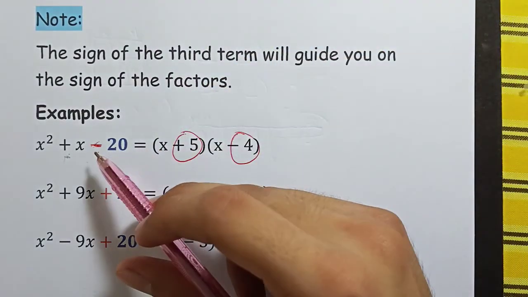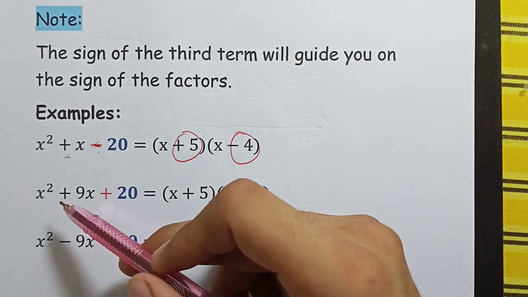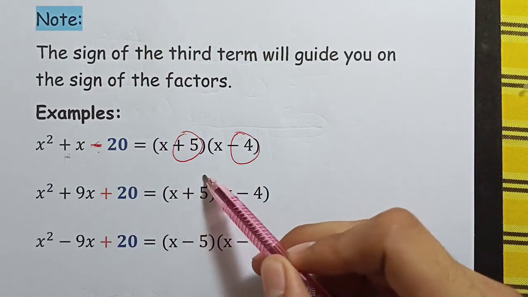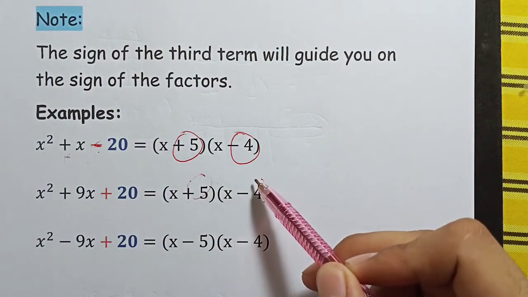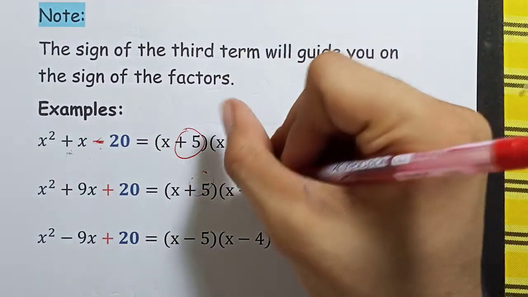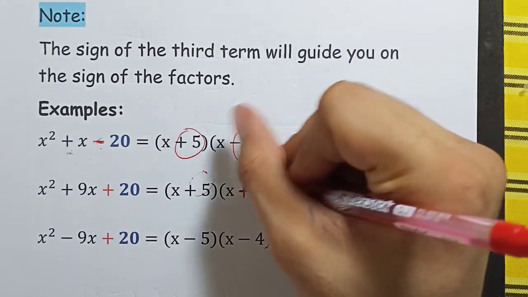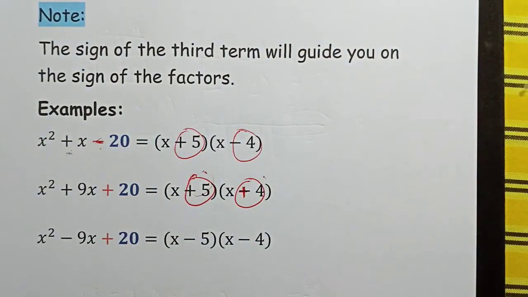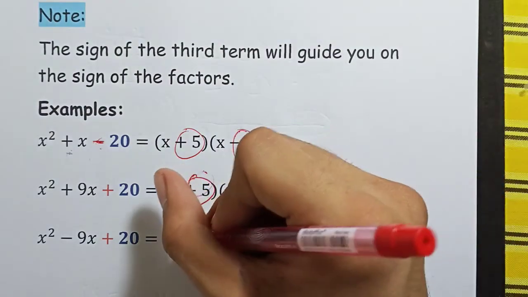Kapag ang third term mo is negative. Then, kapag parehas naman silang positive, syempre, automatic na yun. Ang sagot natin is positive integer and positive integer. Then, kapag naman positive yung last term pero negative yung nasa unahan, parehas silang negative.